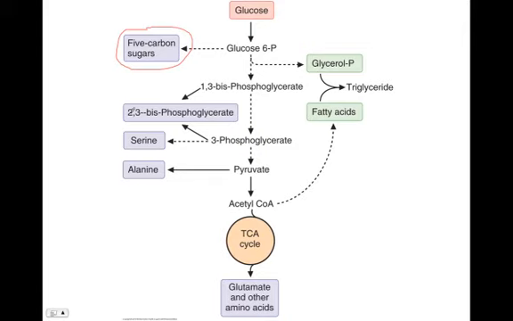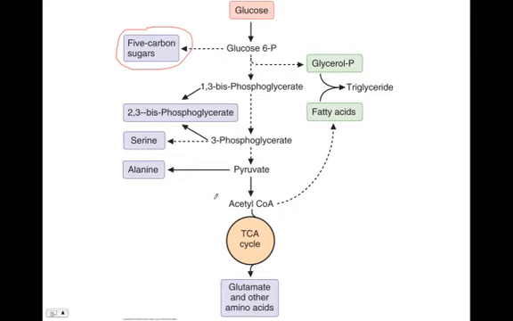It can generate 2,3-bisphosphoglycerate, which is a regulator of hemoglobin. This influences the binding of oxygen to hemoglobin.